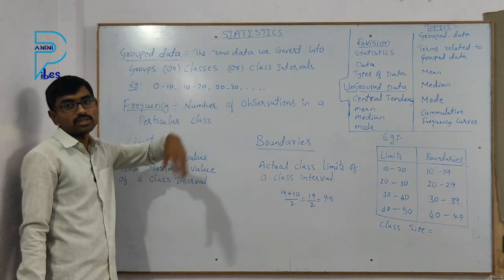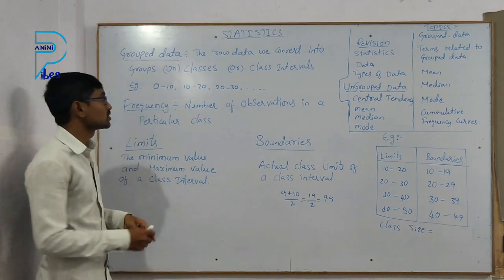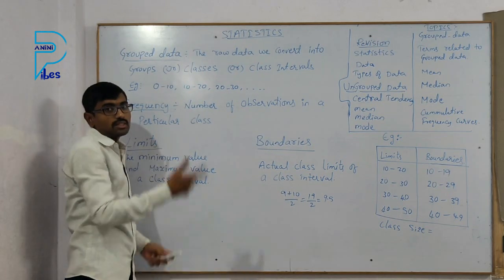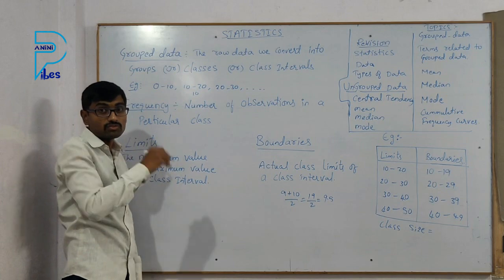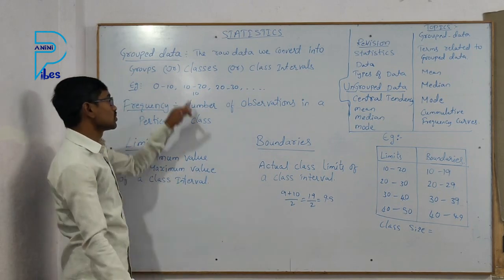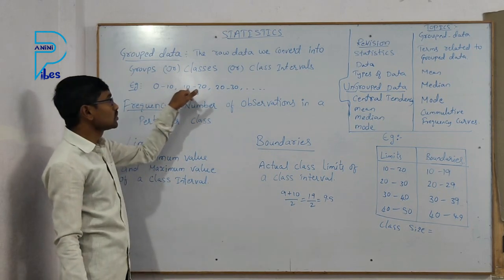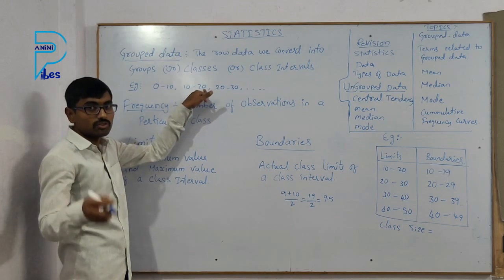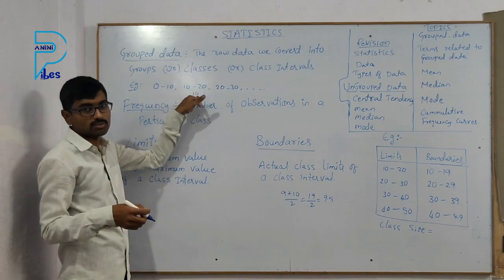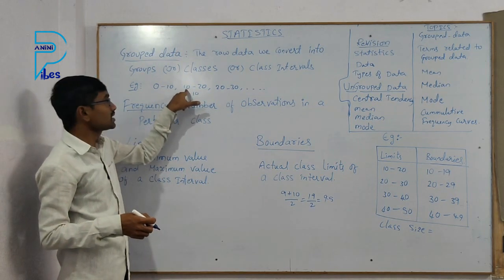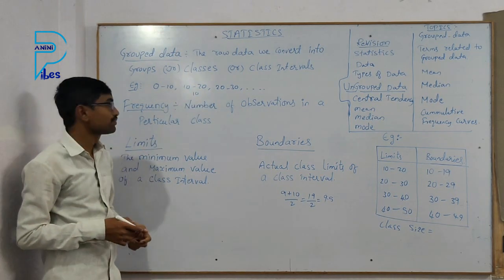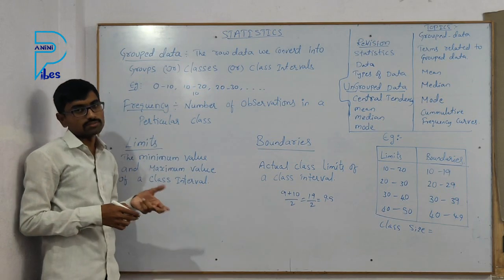For this the frequency will be 10, because 15 is repeating 10 times. So for the class interval 10 to 20, 10 is called the frequency of the class interval. Okay, so this is the frequency.